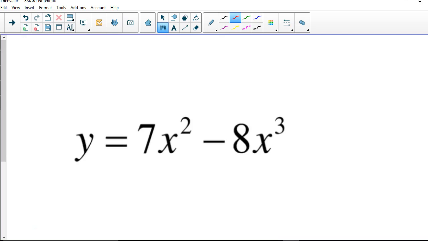Let's talk about what's wrong with this function here. It's out of order. Do you remember way back in first semester? Sean, what does it mean when something's not in order? Disorganized. Yes, it's disorganized. It's called not in standard form. So how should I rewrite it in standard form?